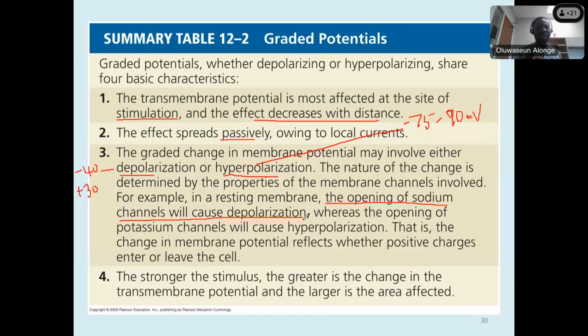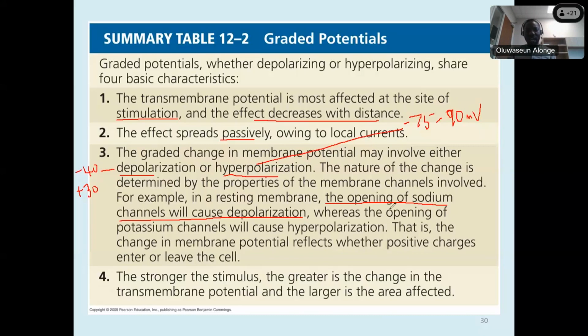So when the sodium channels are open, it will unpolarize the membrane, because more positive is now coming in. So inside the cell is going to become more positive and less negative. Does that make sense? Initially, the cell was polarized. What will make it become depolarized is when it is losing its negativity. Sodium is a positive charge, so if more sodium is coming in, more positive is coming into the cell, and the cell becomes more depolarized.